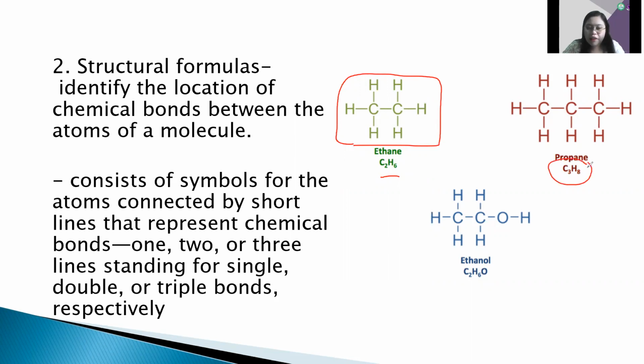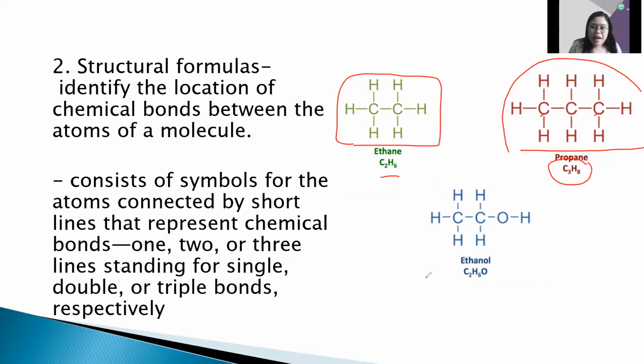We have here the molecular formula at the bottom. And if we want to show how the bonding is done, then we will do a structural formula just like this one. So you see 1, 2, 3 carbons bonding with each other, and surrounding them are hydrogens.